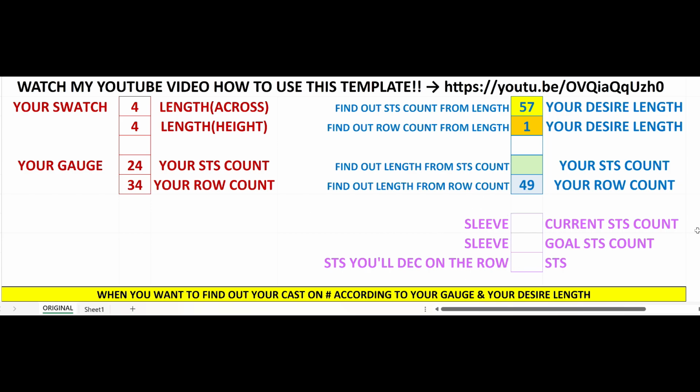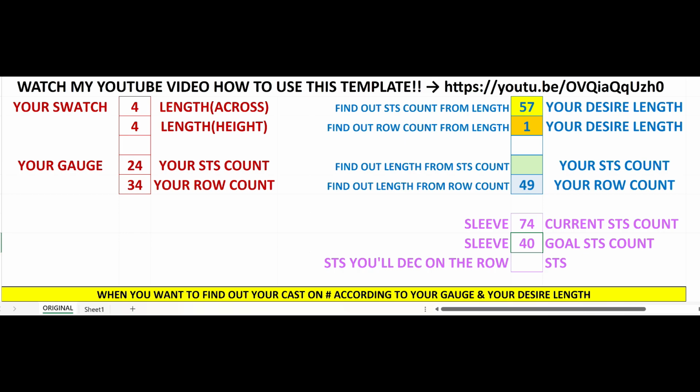All right, so this pink section, those are the sleeve formulas already in. Okay, so sleeve current stitch count: I have 74 after the connection. And my goal stitch count, my wrist, is 40.